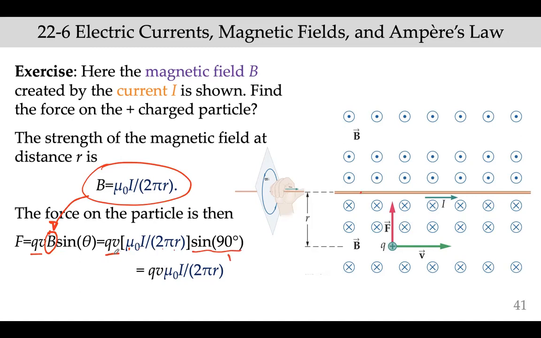And so this part becomes this. So this is the magnetic force that this charged particle feels when it has the velocity v and when it's placed at a distance r from the current carrying wire when the current on the wire is I.